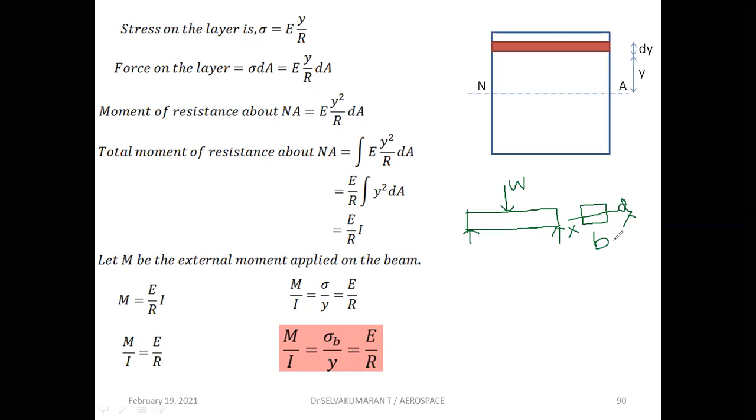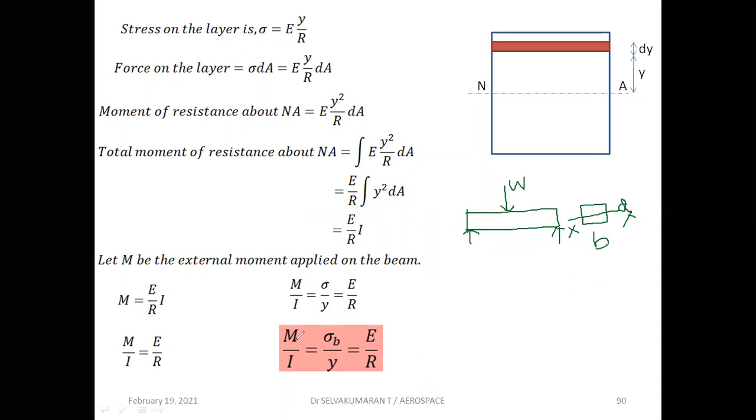So I will be BD cubed by 12. Y will be D by 2, total depth divided by 2, for symmetric sections I'm talking about. What is the radius of curvature? That will be given in the problem. Sigma b is the maximum bending stress and E is the Young's modulus.